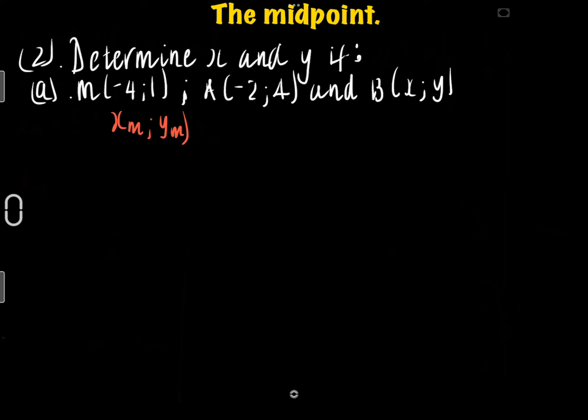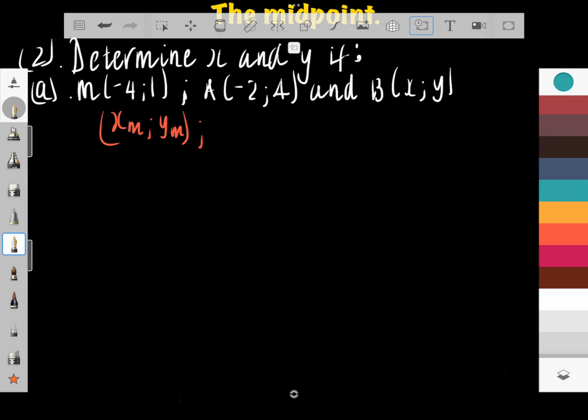That's what we are given there. Okay, now the values that are given, a is at x is at -2 at point A, and then y is simply 4, and then b, we're just simply given x and y. So we need to find the values of x and y. So let's go ahead and calculate that.